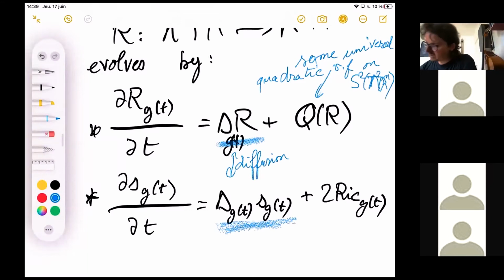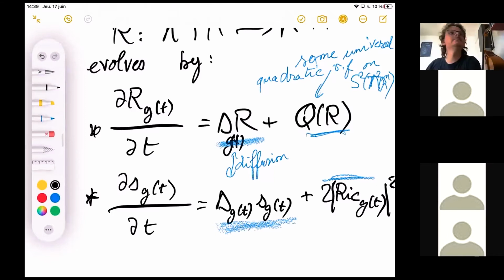And the reaction term is this non-linear term that you have. Oh, I forgot the norm. Is that what you were saying, Laurent? Okay. Yeah, I was too quick. And so this is the reaction term.